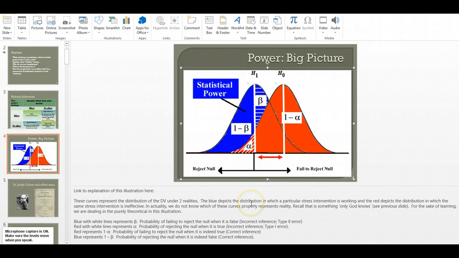The whole point of Guinness and Hardin, I think, is that conventionally we have placed such a value on decreasing type 1 error that we have neglected this area here, and this area here may be very meaningful. I think they make this argument that a lot of the studies in the literature are underpowered, and a lot of them don't even make it to the literature because of that.